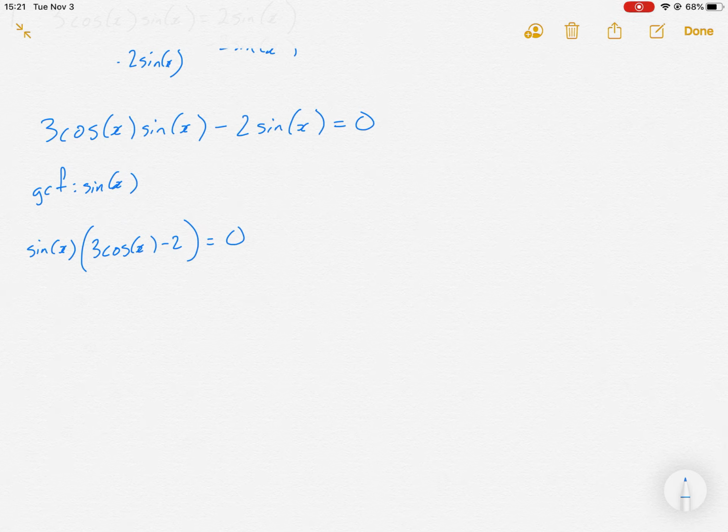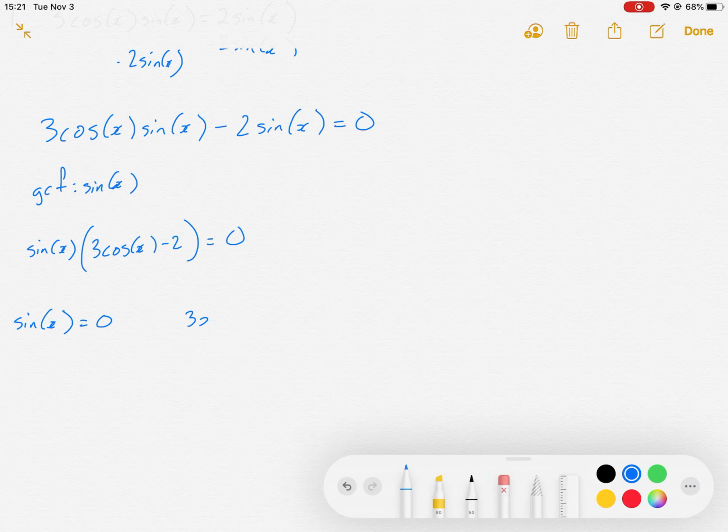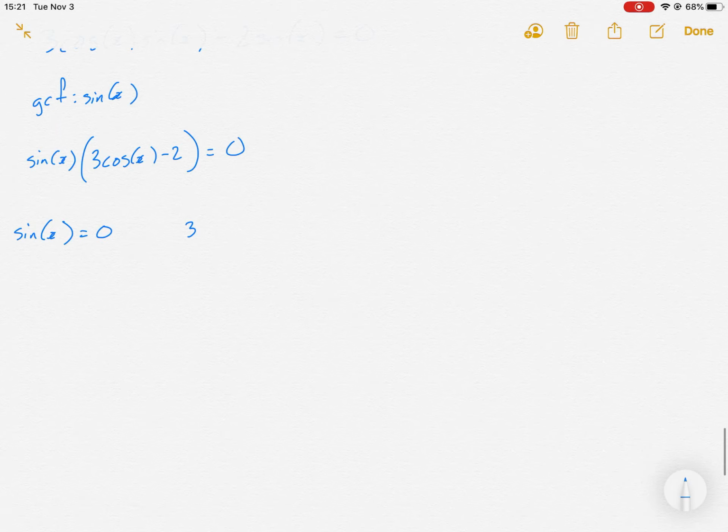Now we're going to use what we saw in the previous video, set each of these factors equal to 0. And so if we solve, we're going to end up with x equals sine inverse of 0, which is on the unit circle, or you can use the calculator, and also x equals cosine inverse of 2/3.